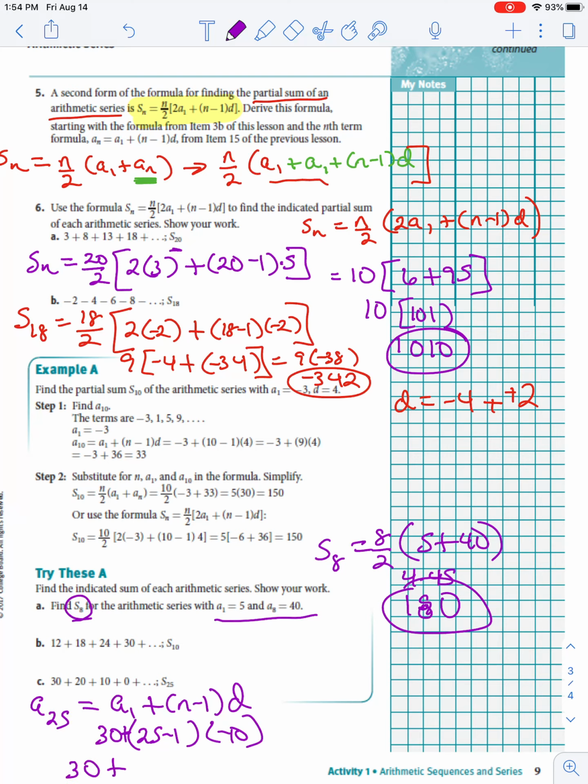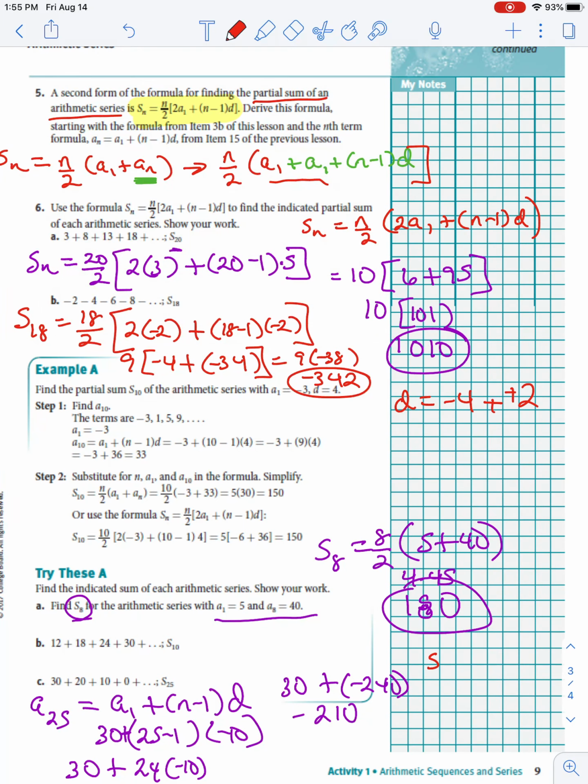So this first one's going to be 30 plus 24 times -10, and if I just do that, that's -240, so I get 30 plus -240, which is going to be -210. So I just found the 25th term. I know it's -210, so that's A sub 25, and then I could go to the sum formula.